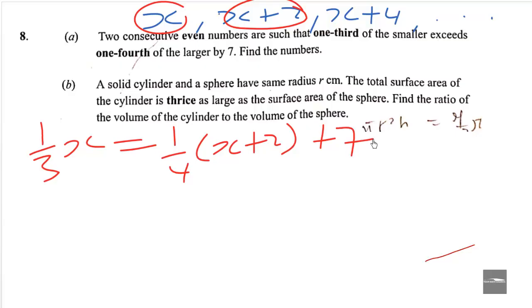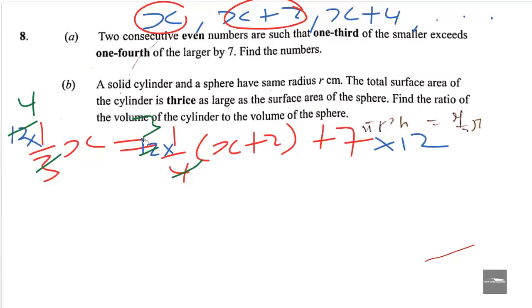So this is a linear equation that we can solve by multiplying through by the LCM, which is 12. We know that 3 goes into 12 4 times, 4 goes into 12 3 times.